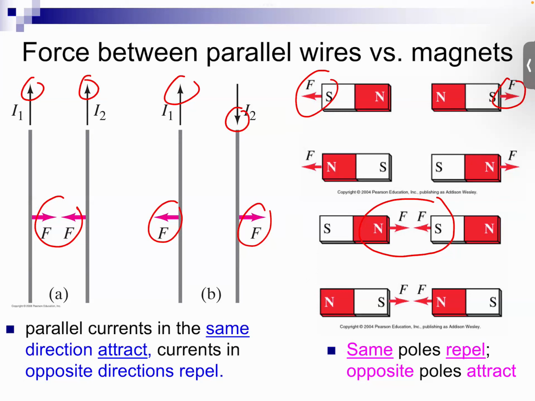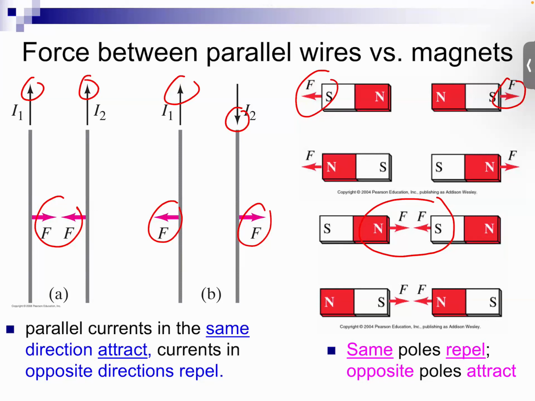But magnets and currents, they generate magnetic fields around themselves, and it's through these magnetic fields that currents can exert a force on another current. And it's also through that magnetic field that a magnet can exert a force on another magnet.